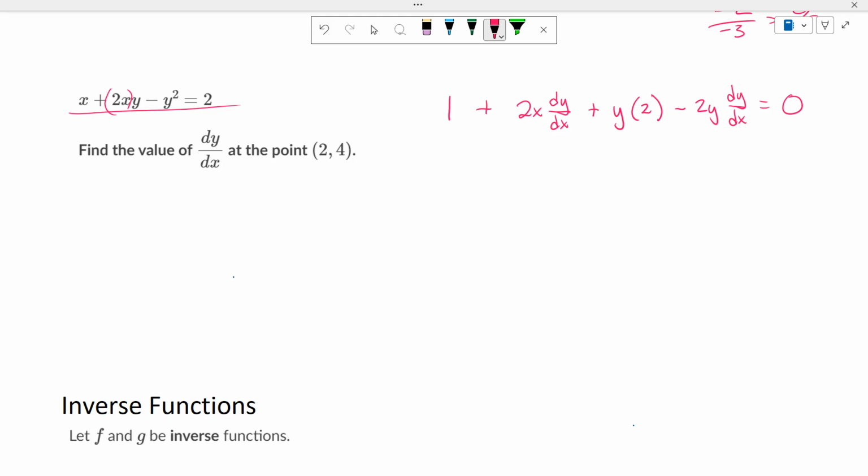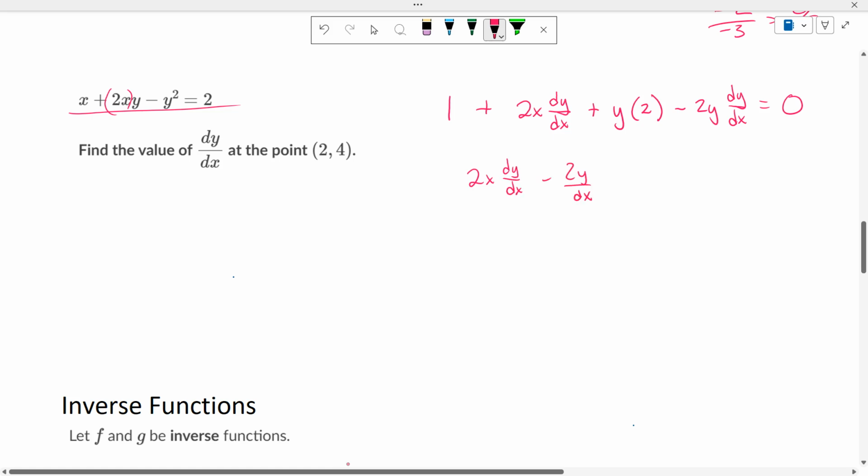All right. So 2x dy/dx minus 2y dy/dx equals negative 1 minus 2y.